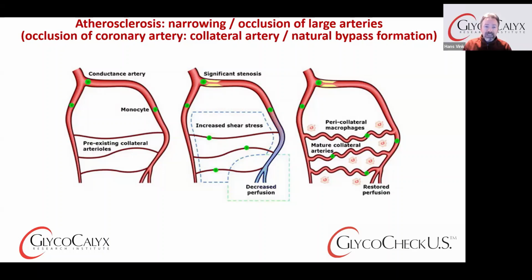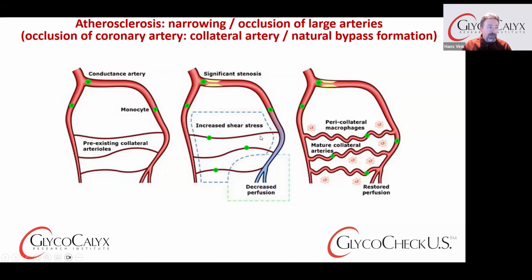Yes, and the key to understand how glycocalyx is involved is in this middle panel where it says increased shear stress. So only when this is occluded, blood will start flowing through these small pre-existing collaterals. But these are really small. There's very little amount of blood flowing initially.